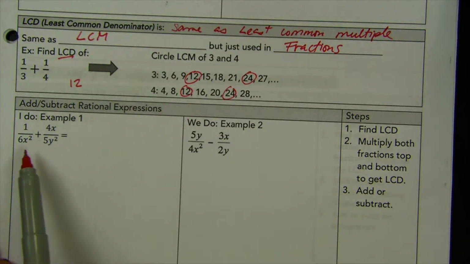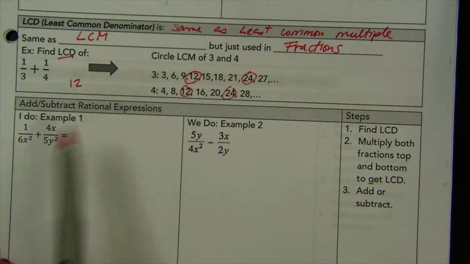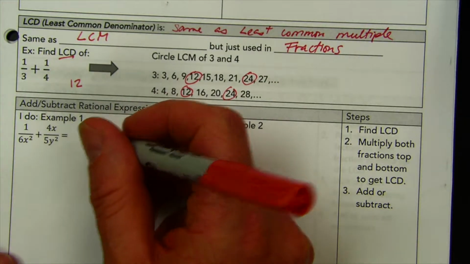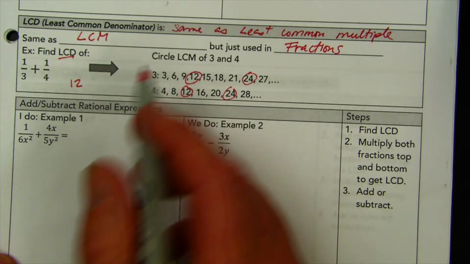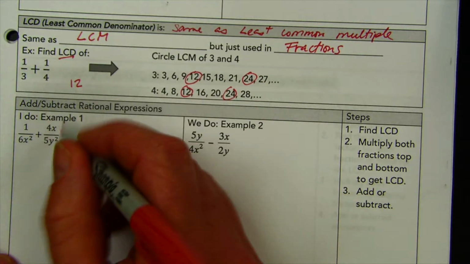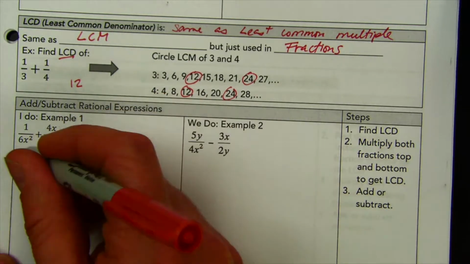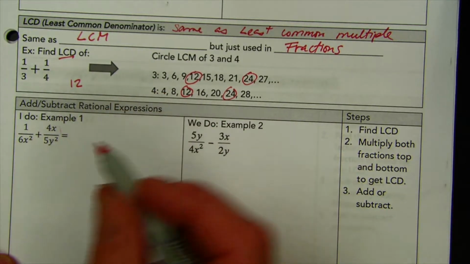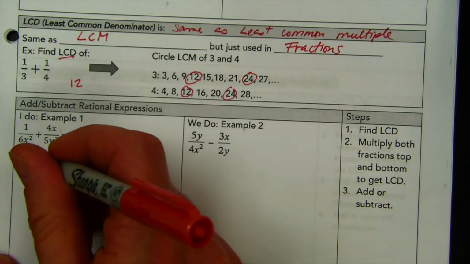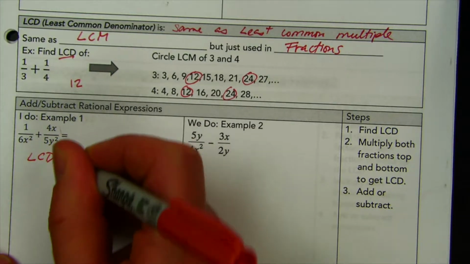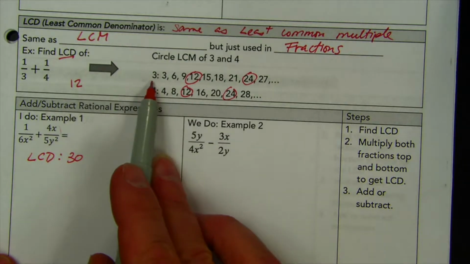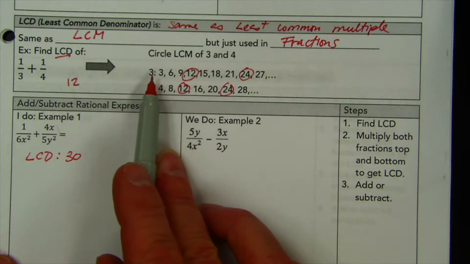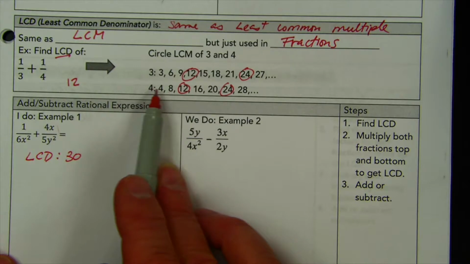Okay, let's try a problem here. I do one, and then you guys will do this one. So let's add these fractions, and we've got to find the least common denominator, LCD or LCM. But since it's fractions, I'm going to say LCD. I'm just looking at this, and I say 6 and 5. So the LCD of 6 and 5 I know is 30. I'm just thinking in my head. If you want, you can list out all the multiples of 5 and all the multiples of 6 and see what they have in common.